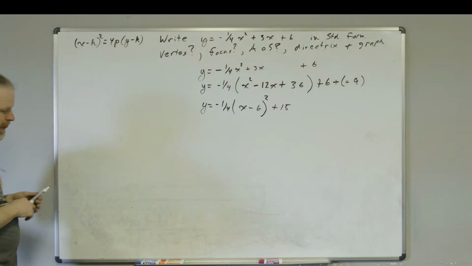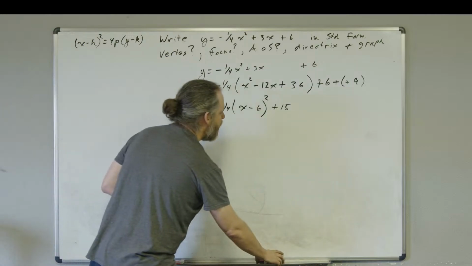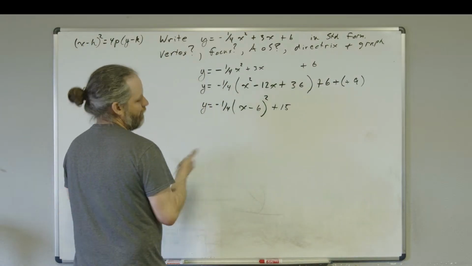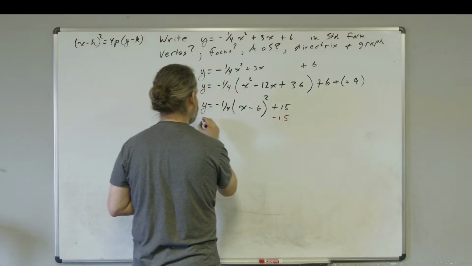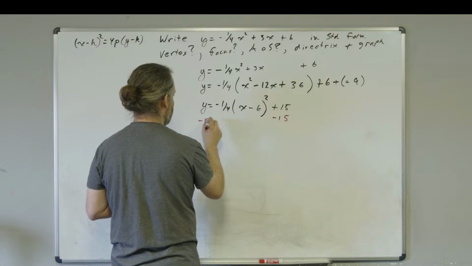We want y over on the left, on the side opposite from the x. So we'll move the other stuff over. That's as easy as it is, yes.